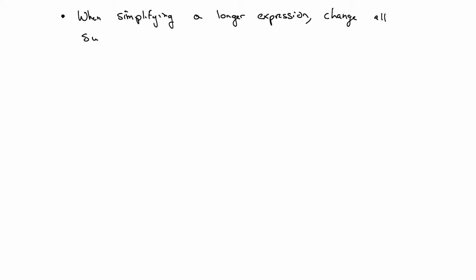All right. As a little note, what happens if there's more than just two numbers? Well, when simplifying a longer expression, change all subtraction to addition. And then simplify and simplify.